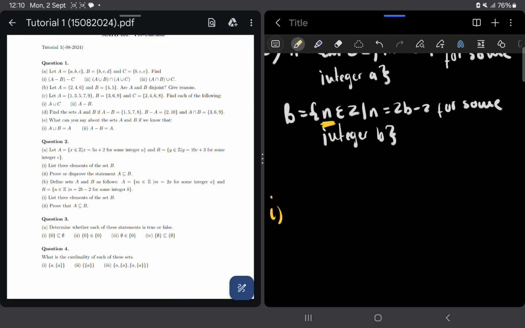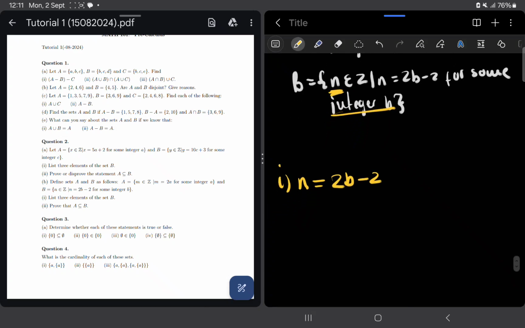So if I can find 3 N's, I have 3 elements of B, because the elements of B are N's. So I'll find N 3 times. N is equal to 2b minus 2 for some integer b. So if I can get an integer b and put it in this equation, the value which I'll get as N is going to be part of my set.